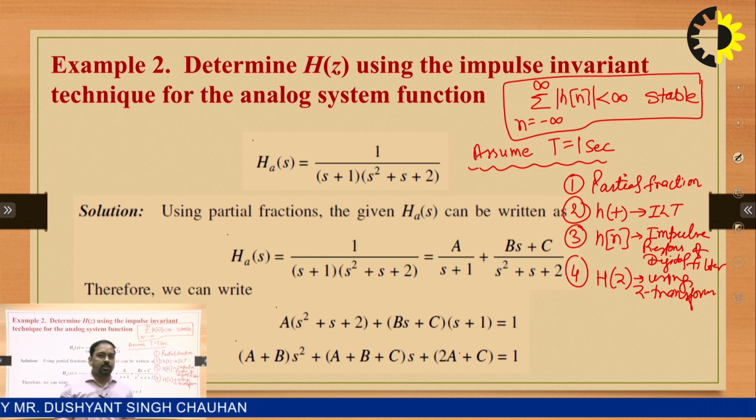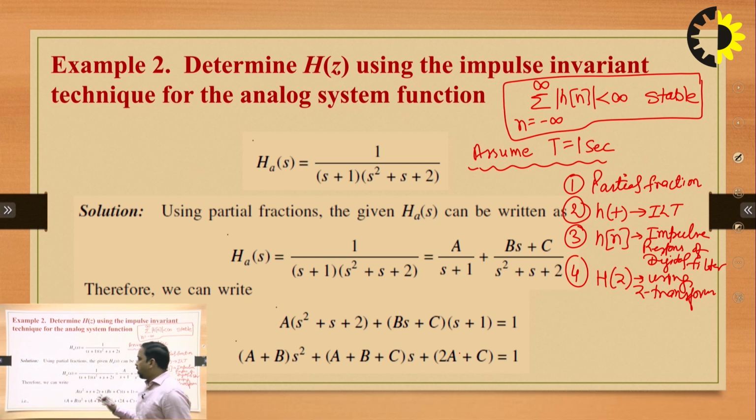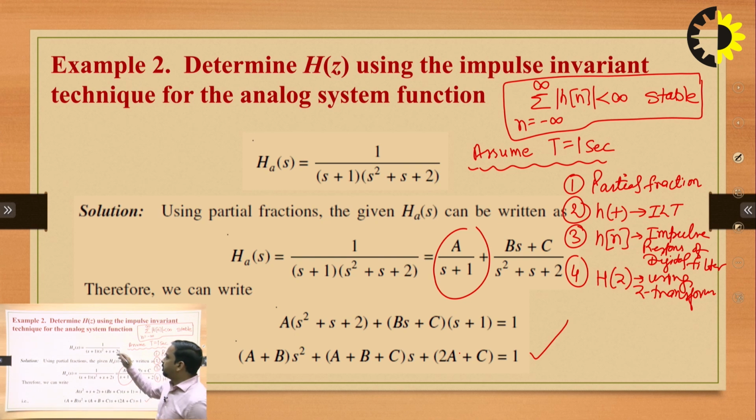So as per this particular numerical, we have the partial fraction. Now how to achieve the partial fraction? It can be represented as A by s plus 1 plus Bs plus C divided by s square plus s plus 2. Again we'll cross multiply this side and we'll compare the coefficients of the numerator with the constant 1.